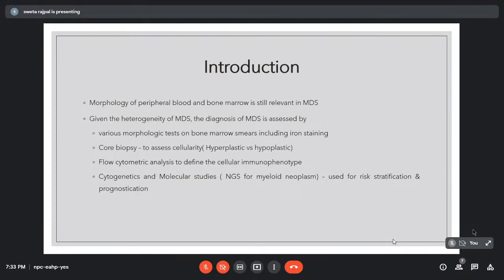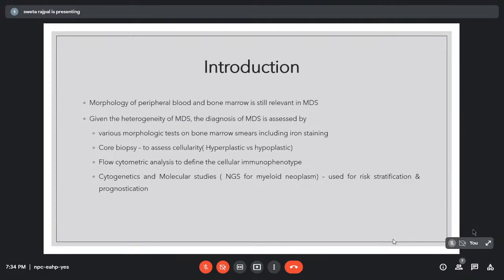Why? Because it is a heterogeneous disease, and it has to be diagnosed with all aspects of hematology. That includes morphological tests of bone marrow smears, including special stainings like iron staining. And we need a good hematopathology team to look at the core biopsy to assess the cellularity. In some difficult cases, you might have to differentiate hypoplastic MDS from aplastic anemia.